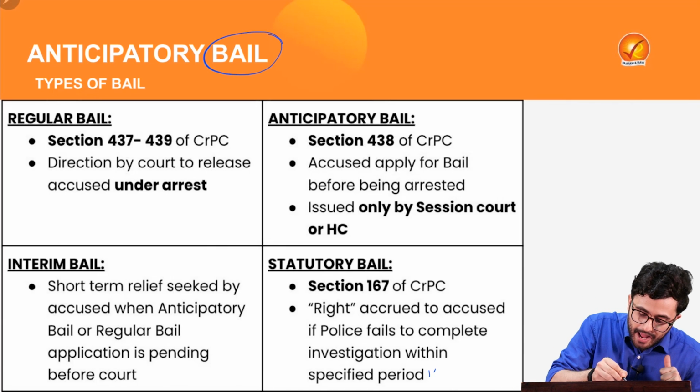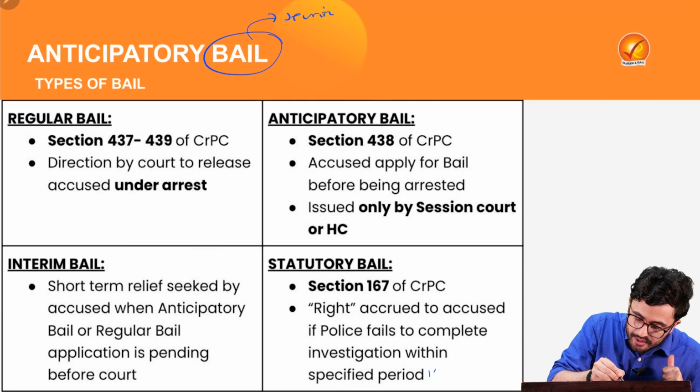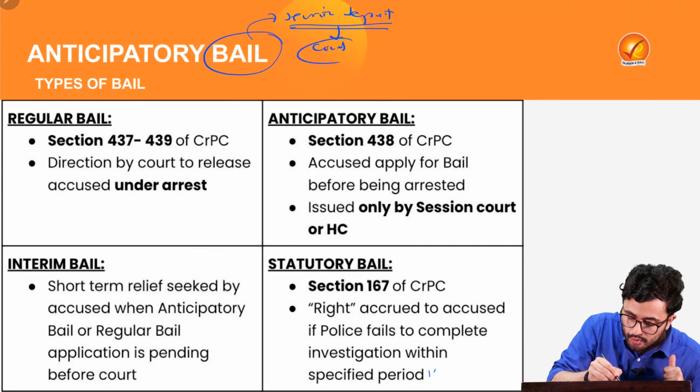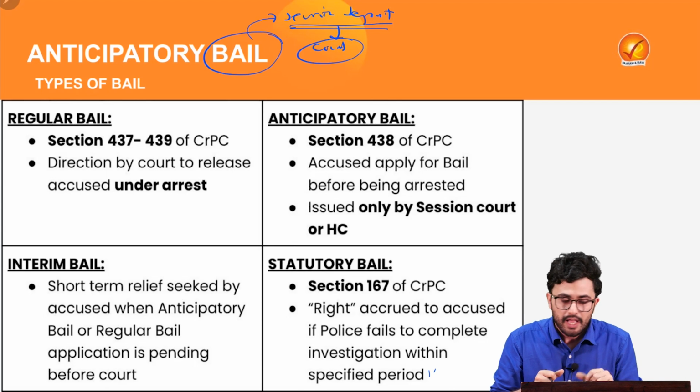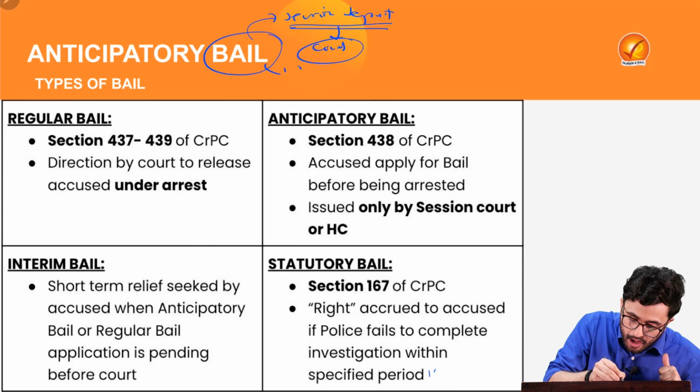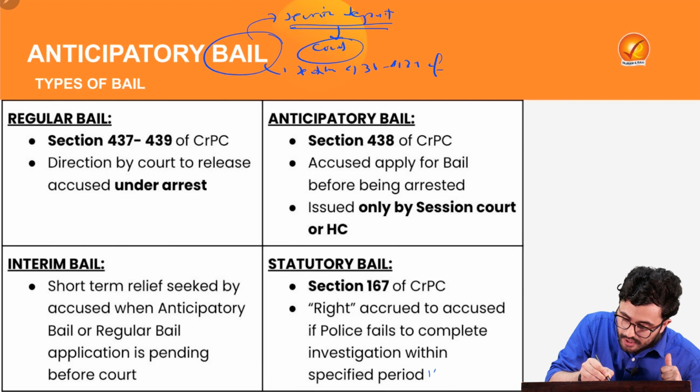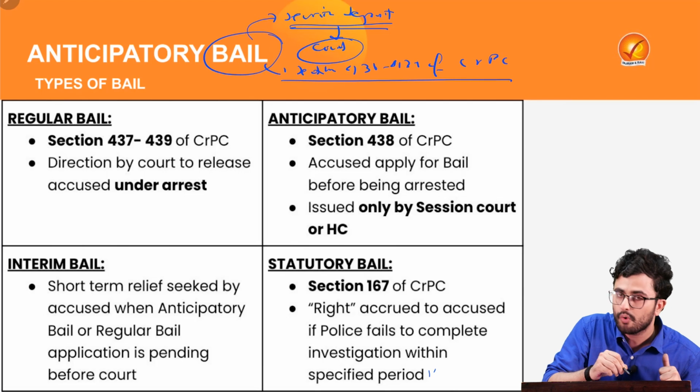Thus, bail acts as a kind of security deposit deposited by the accused to the court on a conditional release. The provisions of bail are regulated under sections 436 to 439 of the Criminal Procedure Code.